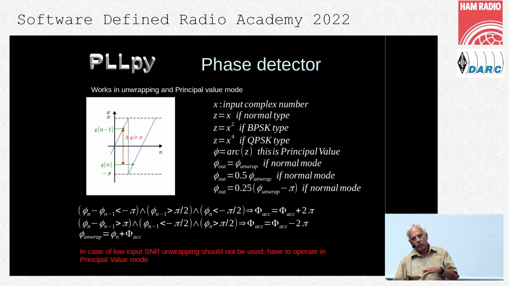And at the output, I have to divide the phase angle by 2 or 4. And for QPSK, because the modulation mapping is for pi and not 0, I have to subtract half pi from the output.